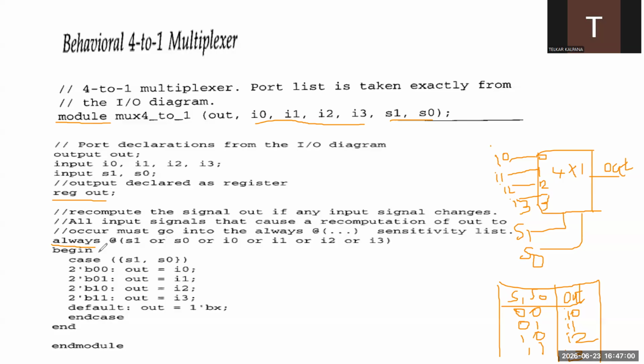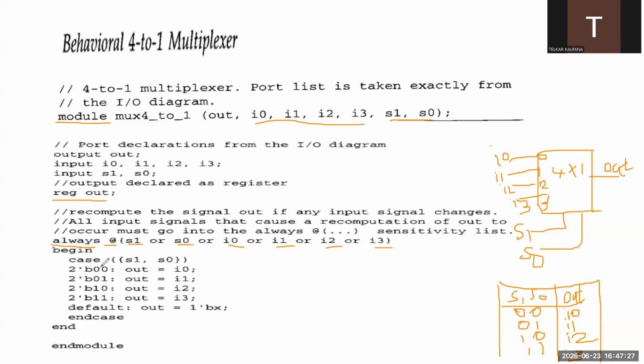So here we are going to use the always statement. Always at the rate means whenever there is a change in the input parameters, the next statements are going to be executed. So whenever there is a change in S1 or S0 or I0 or I1 or I2 or I3, whenever there is a change in the inputs, then begin.